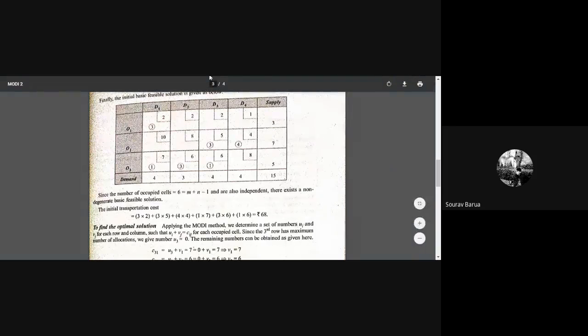Saurav? Yes, ma'am. Tell me, how will you write this cell number in terms of cost? That is C24. Very good, Saurav. Mute yourself. Okay. Thank you, Saurav, for your answer.